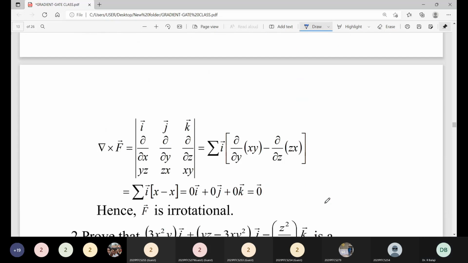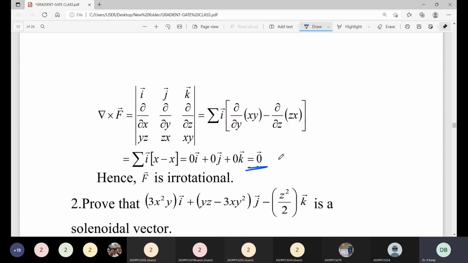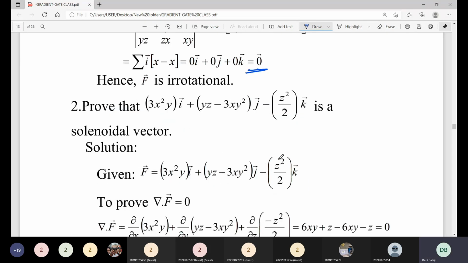Now next problem, prove that 3x square y into i vector plus (yz minus 3x y square) into j vector minus z square by 2 into k vector is a solenoidal vector.